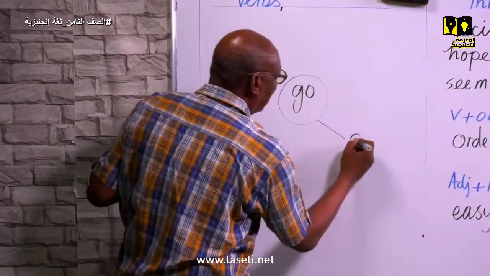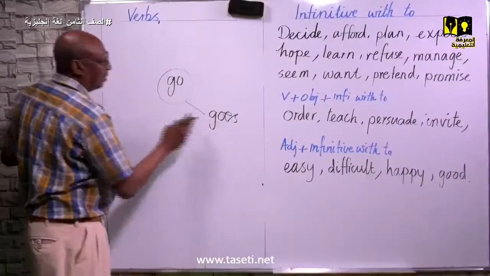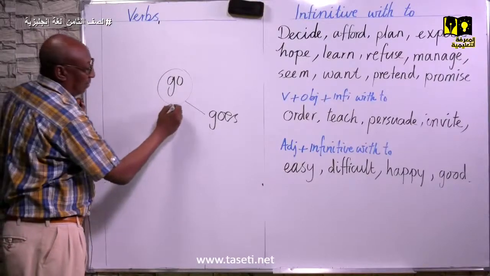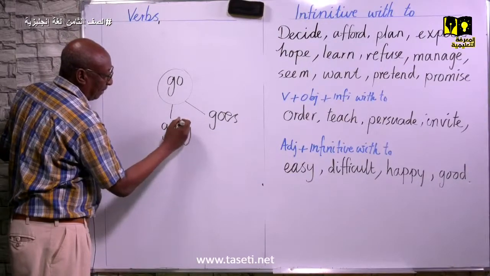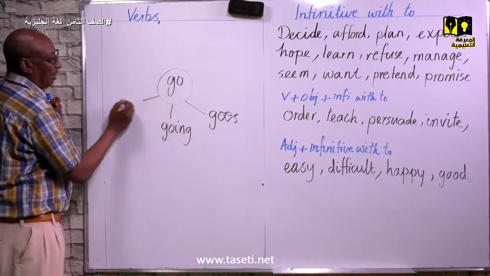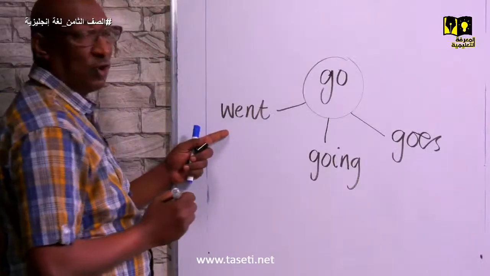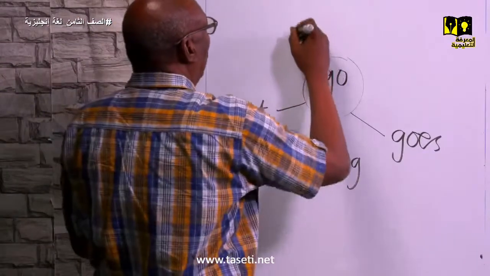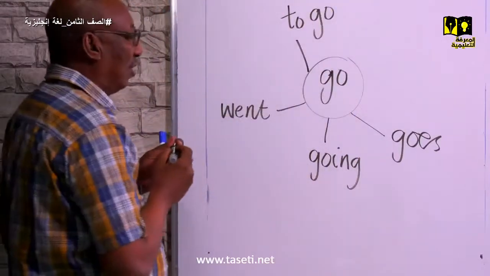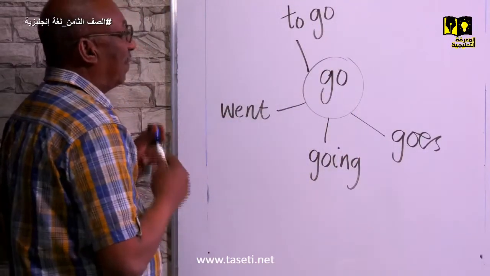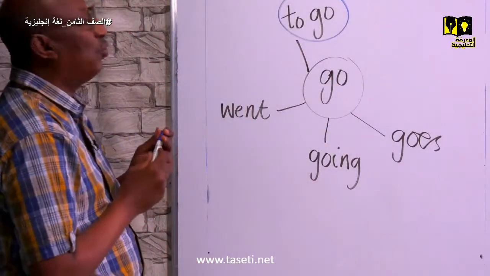Sometimes we find this verb in this shape, goes, right? We find it like this, going. Also, we can get it like this, went, which is the past of go, right? And we get to go, and this is our concern for today, which we call the infinitive with to.